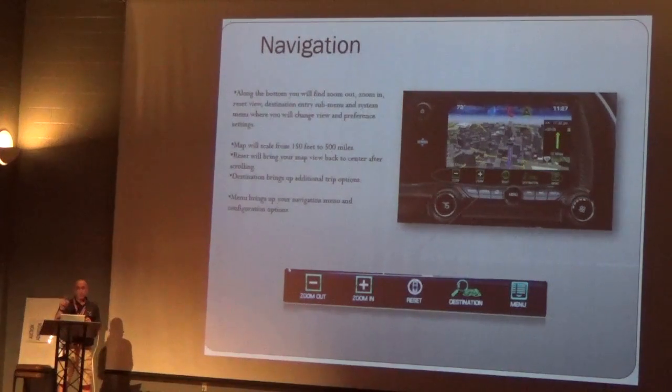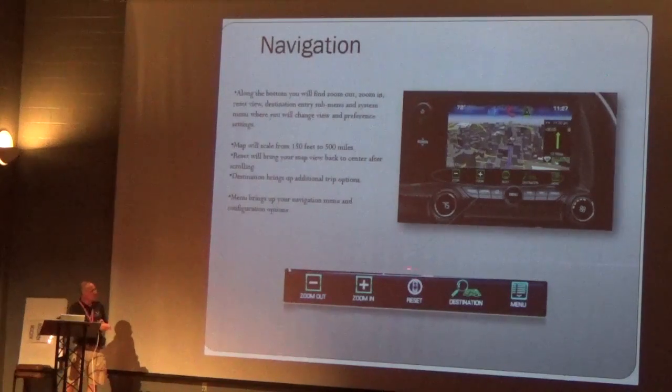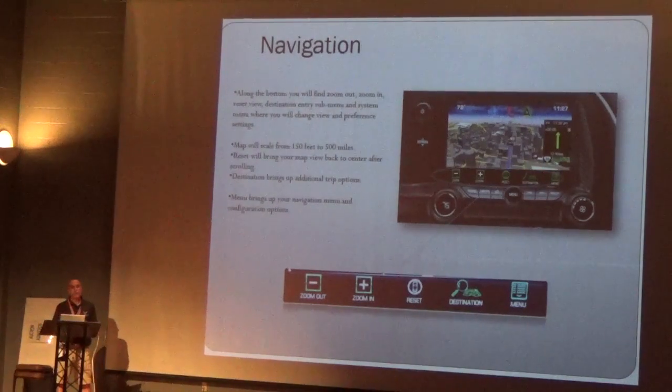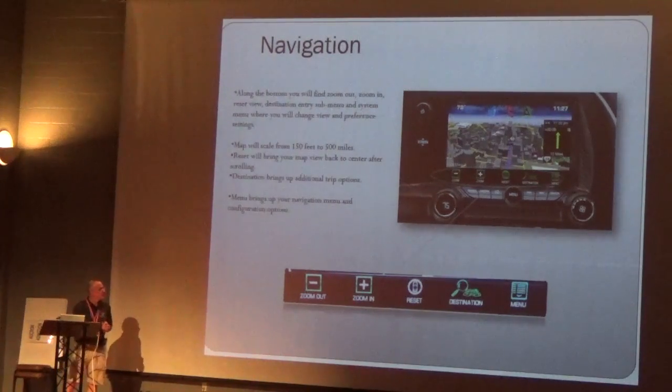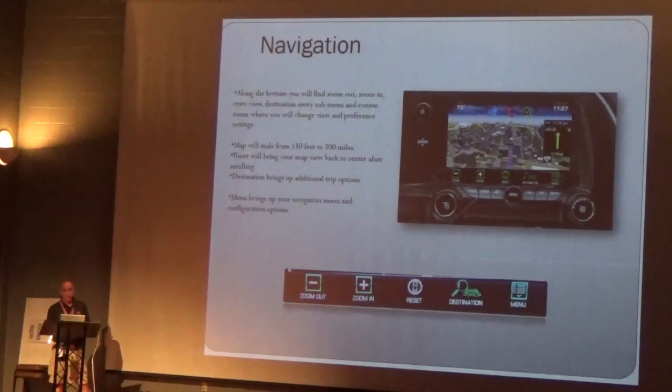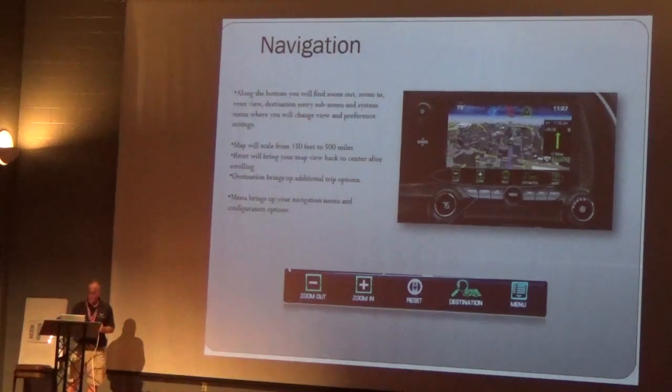If you touch the middle of the map with your finger, you can actually scroll the map around. Scrolling the map around will get it off of its planned view for your route. So if you want to bring it back quickly, just touch the reset icon. If you need to enter a new destination, and a waypoint is also a destination, touch on destination. If you change something in the settings, touch on menu.